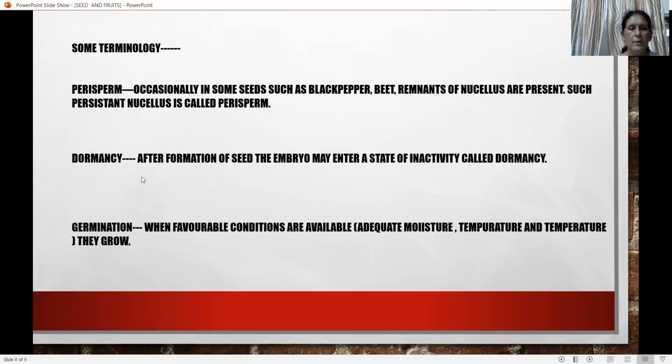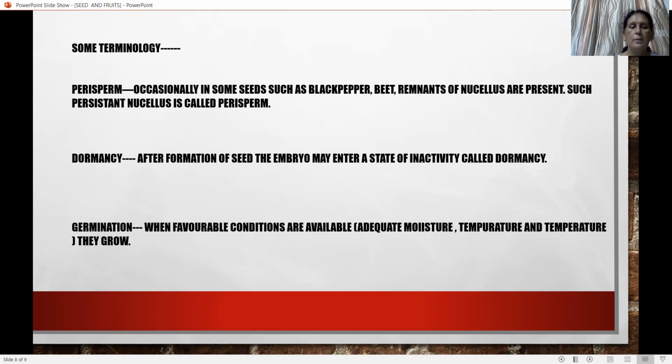Dormancy. After formation of the seed, the embryo may enter a state of inactivity. That means after formation of the seed, it does not immediately germinate. It requires a period of rest for growth and maturation of the embryo, and that inactive period is called dormancy. Germination: the awakening of a dormant seed is called germination.